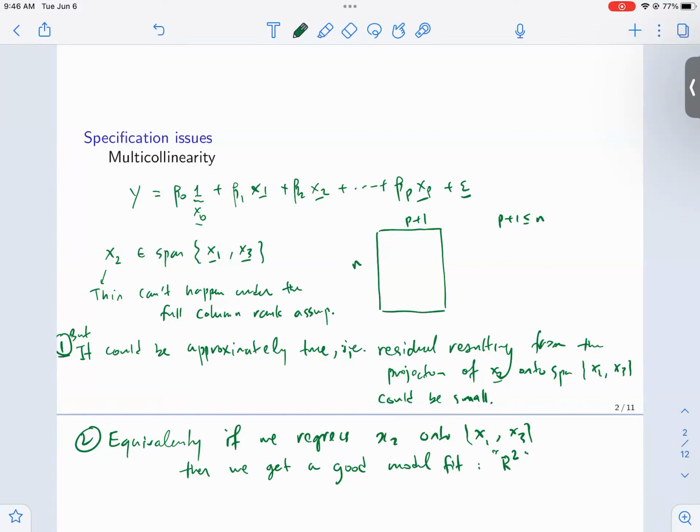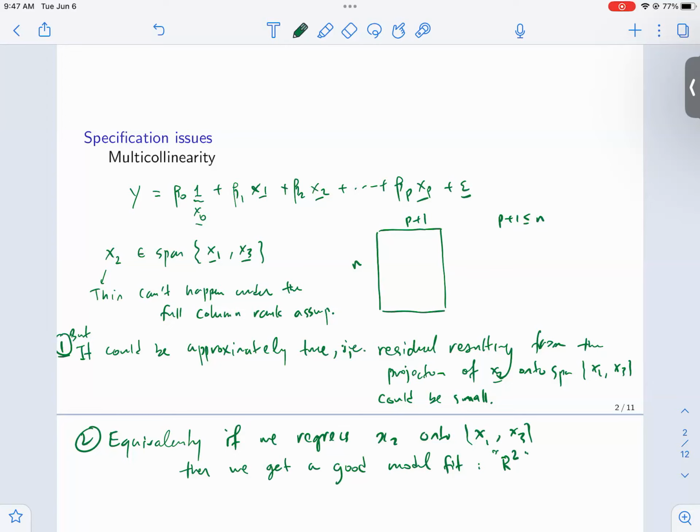If it's a very good fit, then we have a problem. So we'll see what the problem is. But if not, then we don't have the multicollinearity situation arising from that particular covariate. Does that make sense?